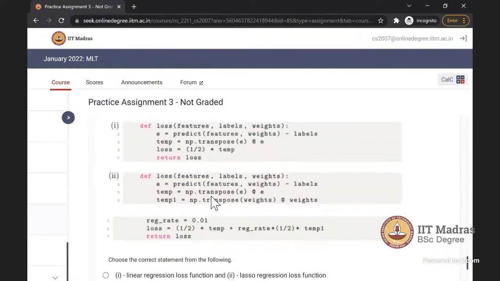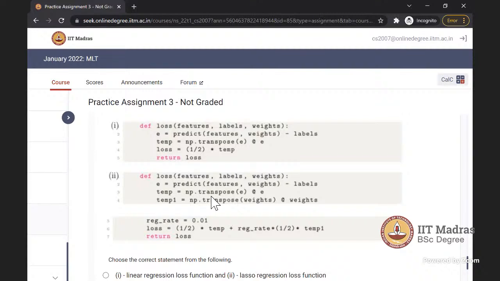Which one of these are lasso and ridge? Can anybody tell me which one is plain and which one is lasso or ridge?